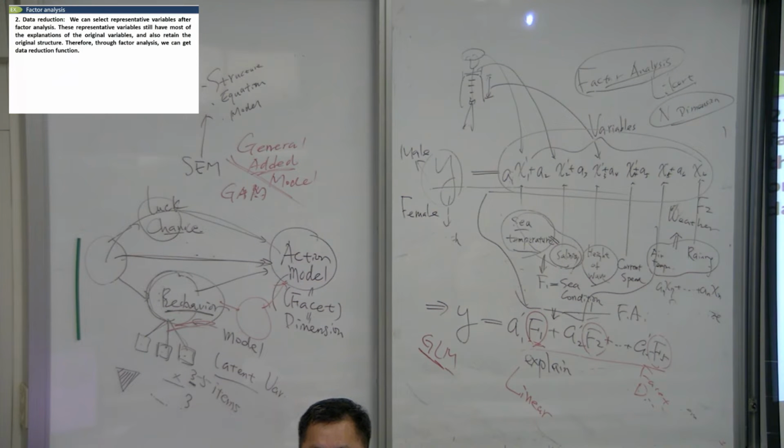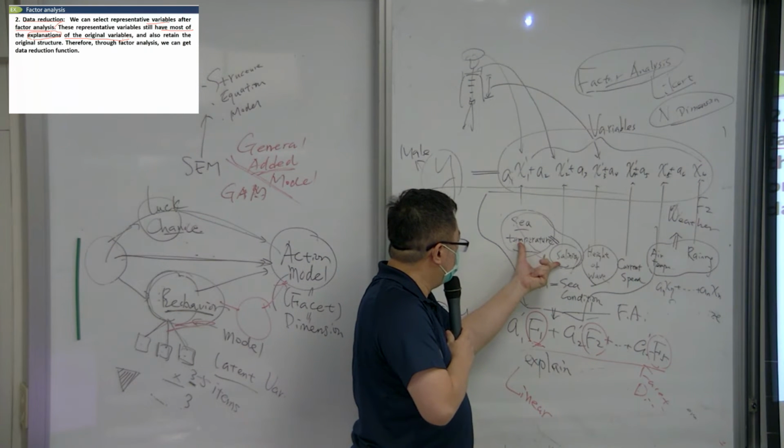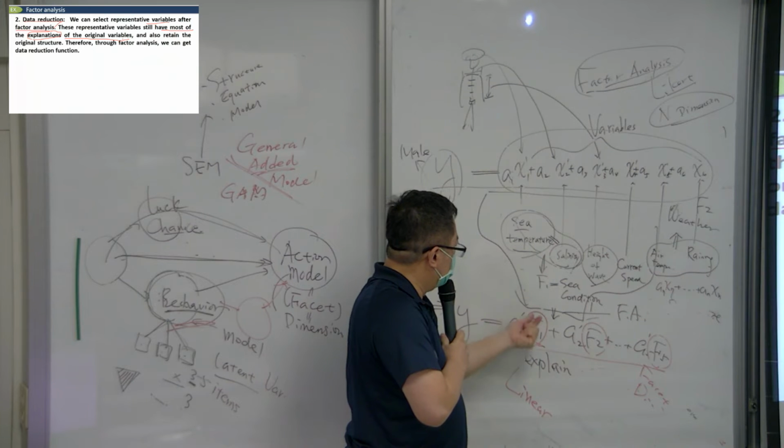Data reducing. We can select a representative variable after factor analysis. This representative variable still has most of the explanation of the original variable, okay?